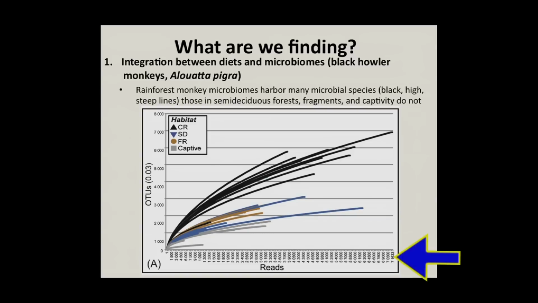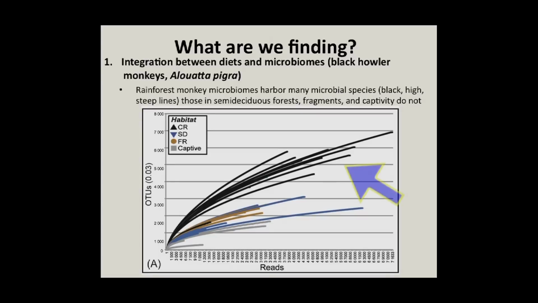So this is just what we can read from the DNA that's coming out of the sequencing machines. And then we're making a decision about the microbial species that are present. If you have 97% similar sequences, we put you in the same bin. And what we can see is that the rainforest monkeys have many, many more microbial species in their guts, whereas the animals that are in habitats that are probably not as good have many fewer microbial species in their guts.